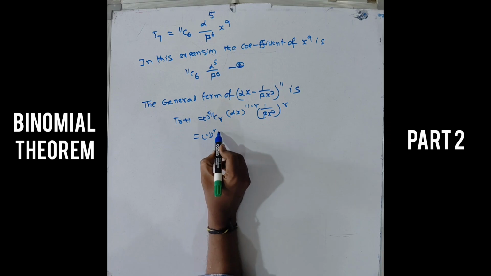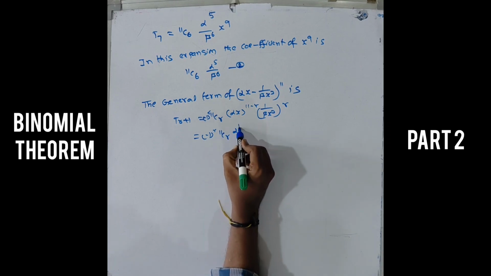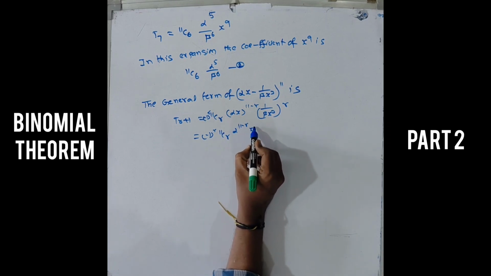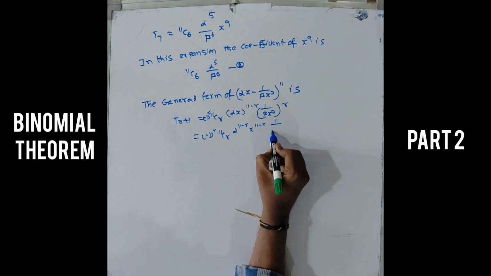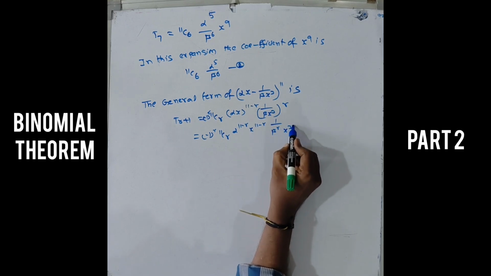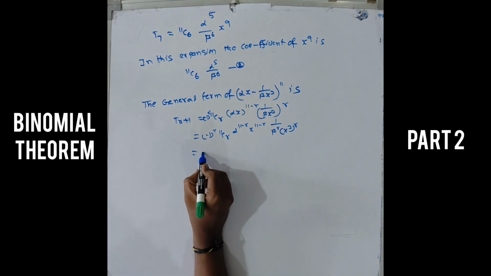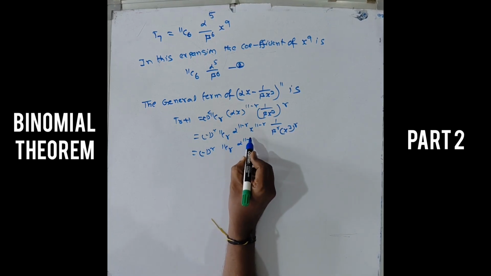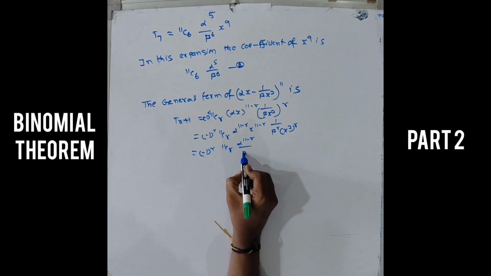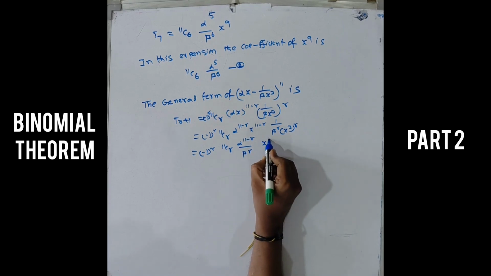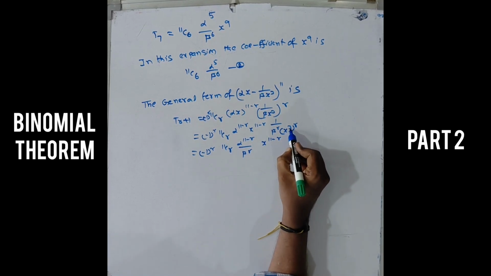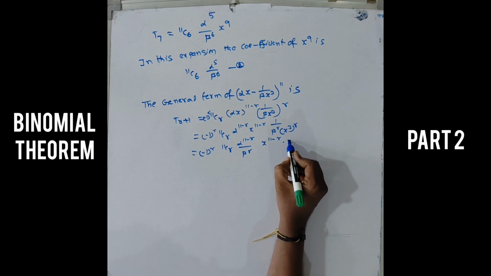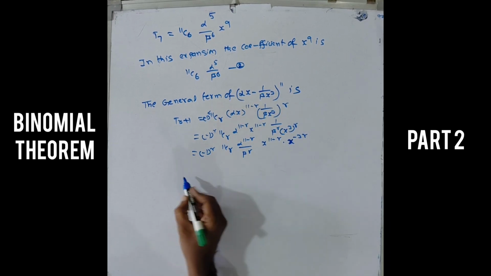Minus 1 power r into 11Cr alpha power 11 minus r by beta power r, x power 11 minus r into x power 3r, taking numerator x power minus 3r.